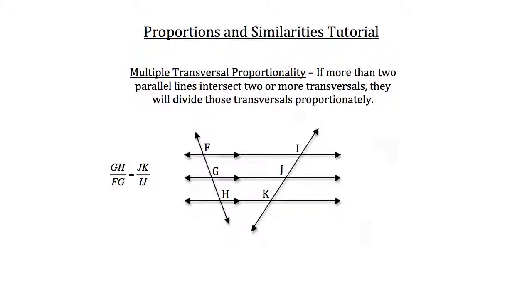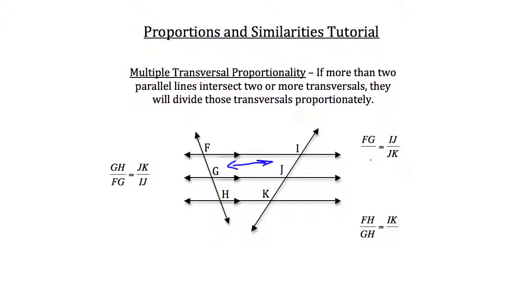Let's say, for example, that you have these two proportions. This first proportion up top, and then we'll discuss the second proportion. Now, in the first proportion, we have segment FG and IJ on the numerators of these two proportions. So we're comparing these two parts.